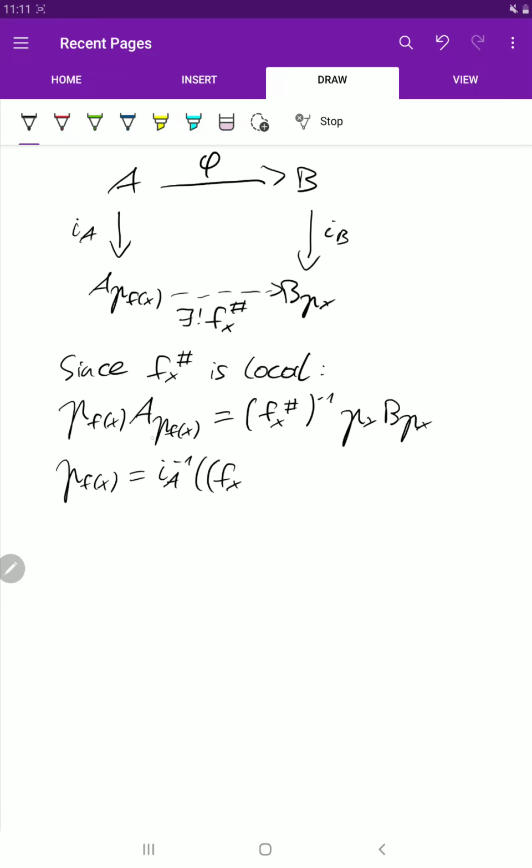So it's the inverse image of this, and now we use this equality, which tells us that it's this inverse image.